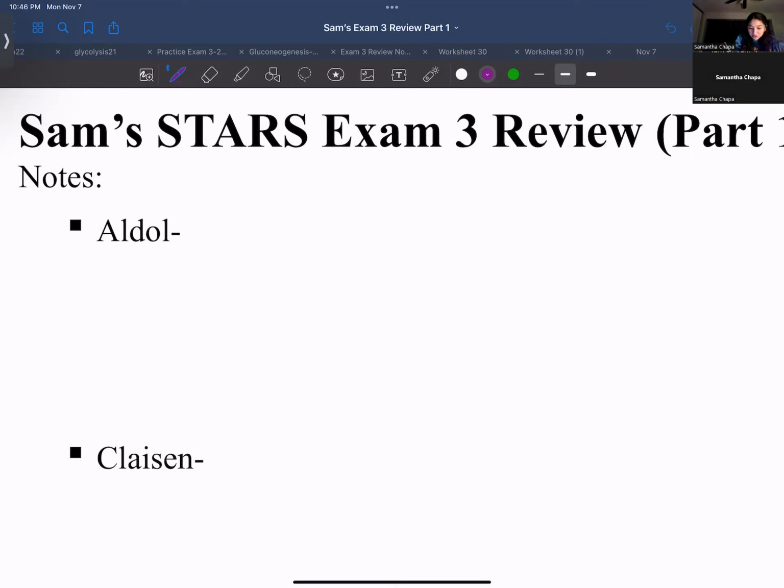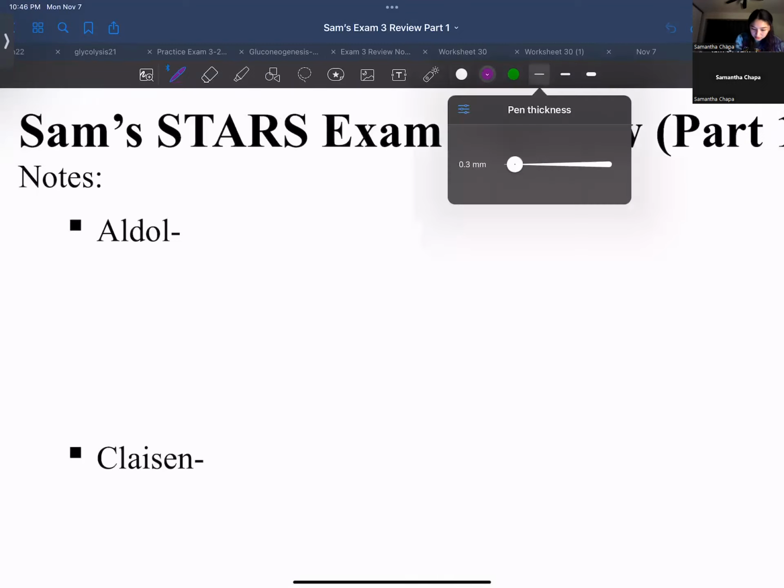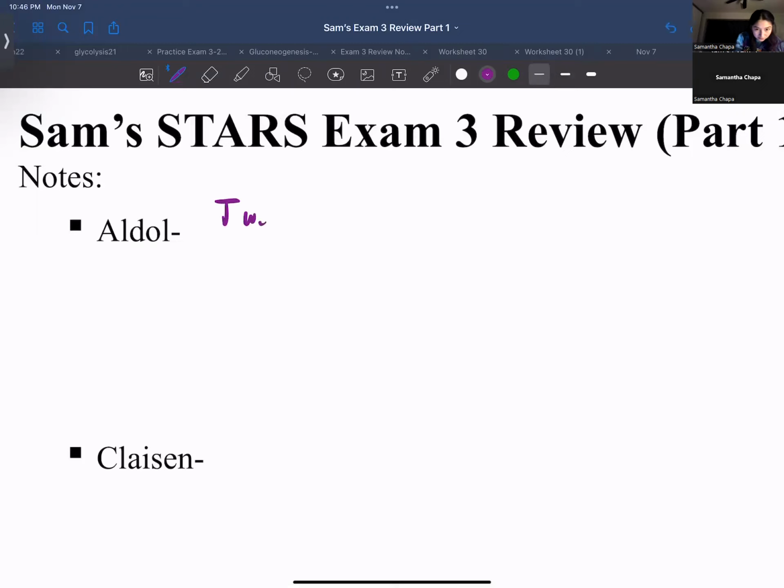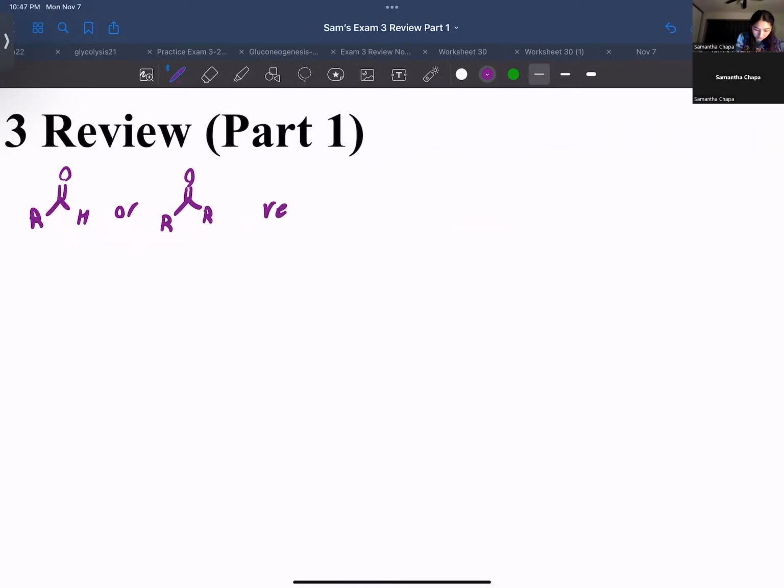Okay, so for your aldol reaction, in purple: two molecules of an aldehyde or a ketone react to form a beta hydroxy carbonyl.